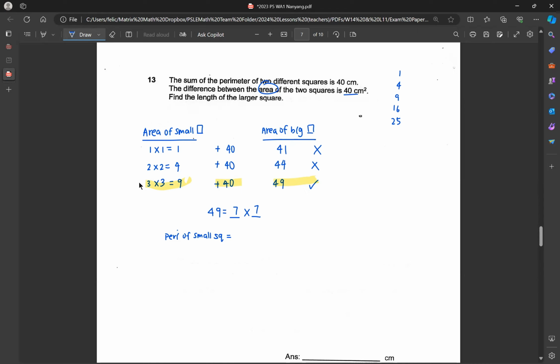So perimeter means there are 4 sets of 3 cm, right? 4 times 3 cm. Okay, 3 plus 3 plus 3 plus 3. So perimeter is the outline, the outside of the shape. Next will be the perimeter of the big square. So using the 7 cm side, 7 times 4.